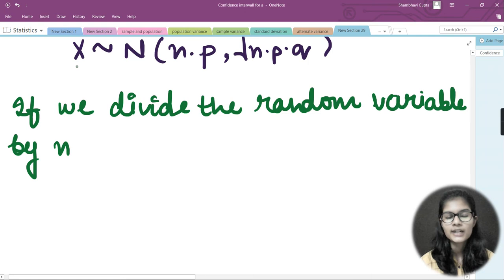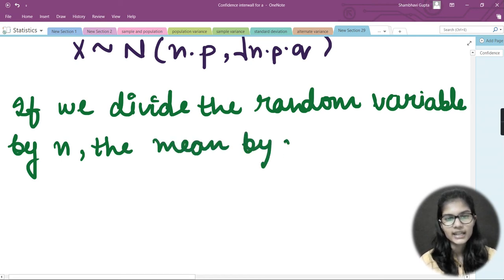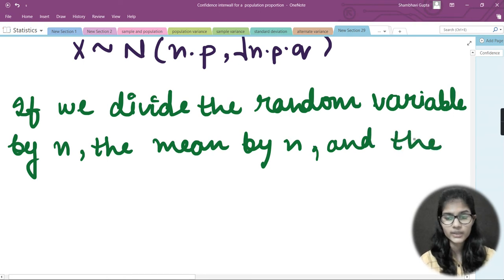So X is approximately equal to N. That X which I have just taken here is just my random variable, right? So if we divide the random variable by n, the mean by n, the mean is my n dot p, right, the mean by n, and the standard deviation by n, which I would just simply write here as SD, not too long a name.